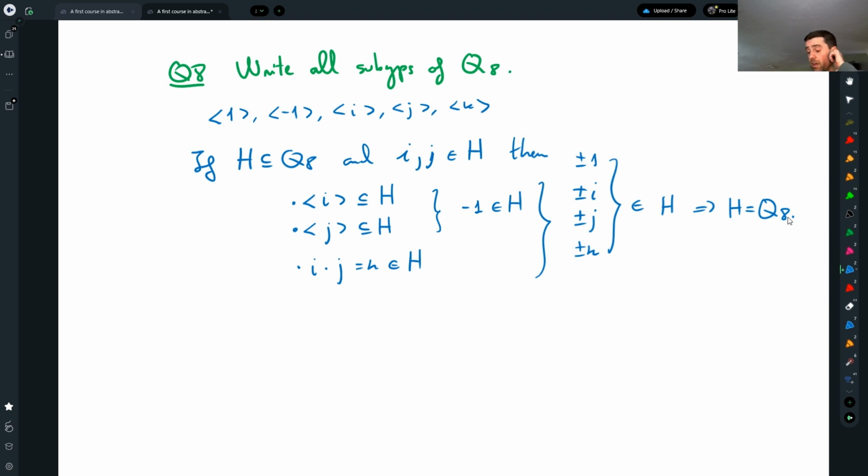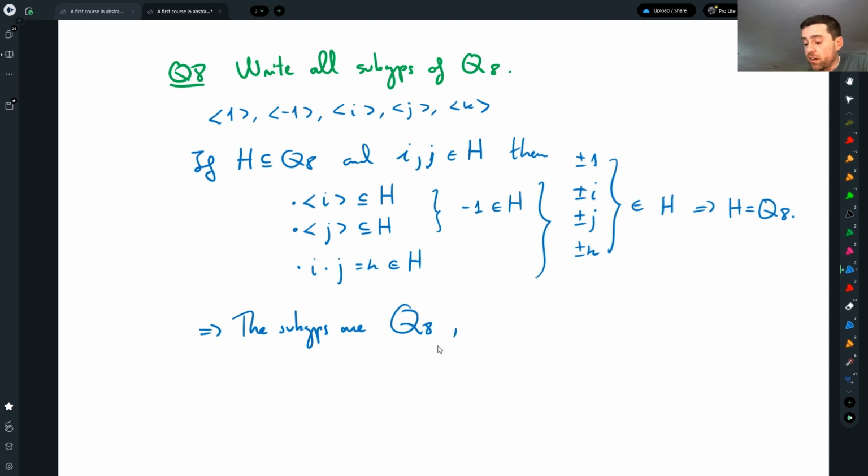And similarly, you can show that if you have any 2 letters, you have the third. If you have 1 letter, you have also minus 1. So if you have any 2 letters that are distinct, then you have all of them. So it turns out that what we've actually shown is that the only subgroup that is not cyclic is all of Q8.